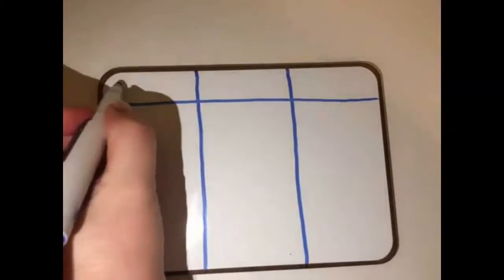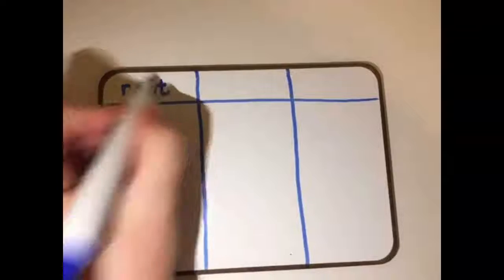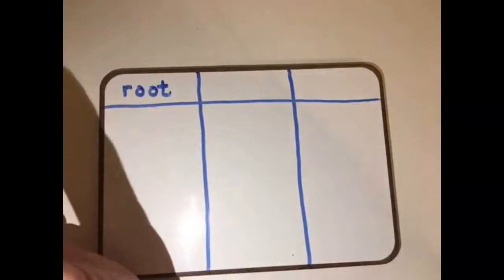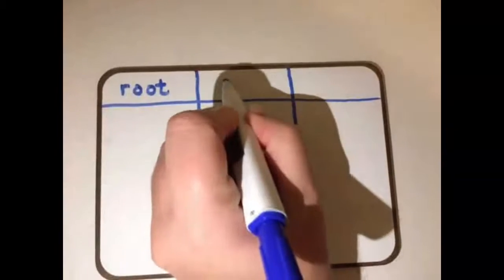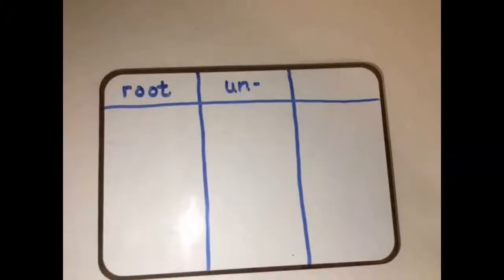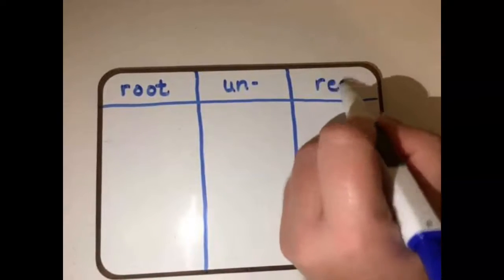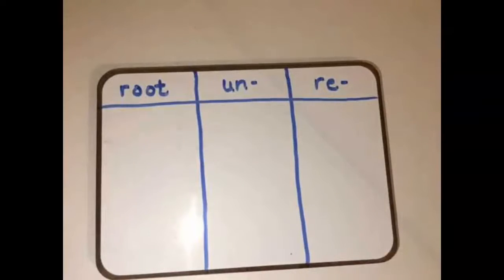We're going to write the word root here. We're going to write un with a little dash here. And we're going to write re with a little dash here. Okay, so go ahead and pause the video and catch up as needed.